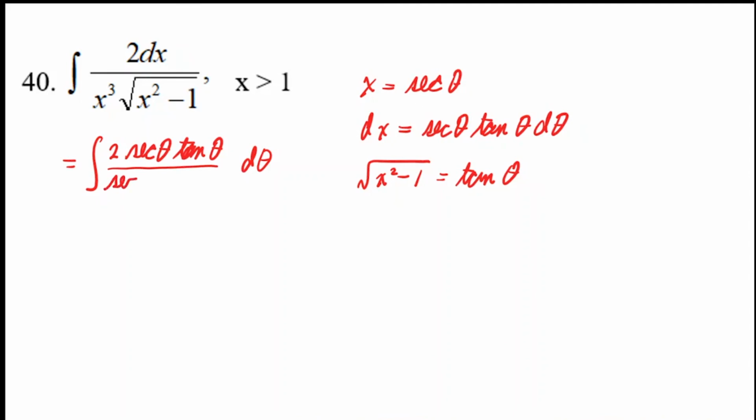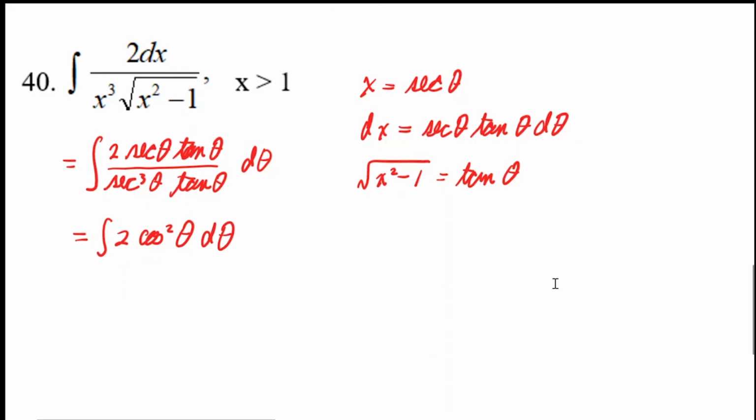X cubed is secant cubed. And then that square root thing is tangent. So most of it cancels, right? So we'll have integral of 2 and then cosine squared, 1 over secant squared.